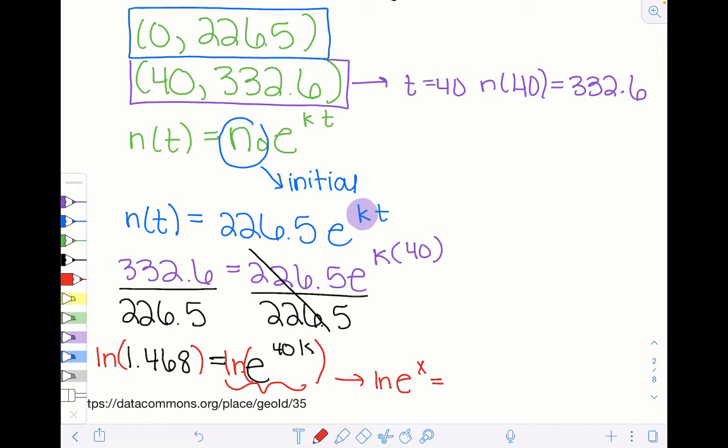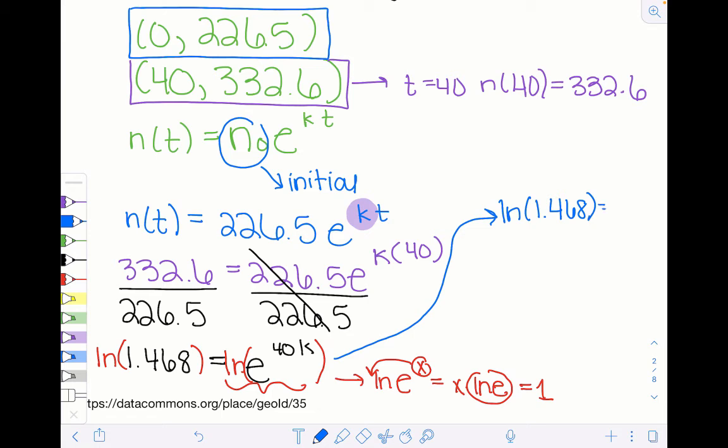You can also think of it as allowing you to bring the exponent to the front, and ln of e is just equal to 1. So when we apply this property, we get ln of 1.468 is equal to, on the right side, 40k.